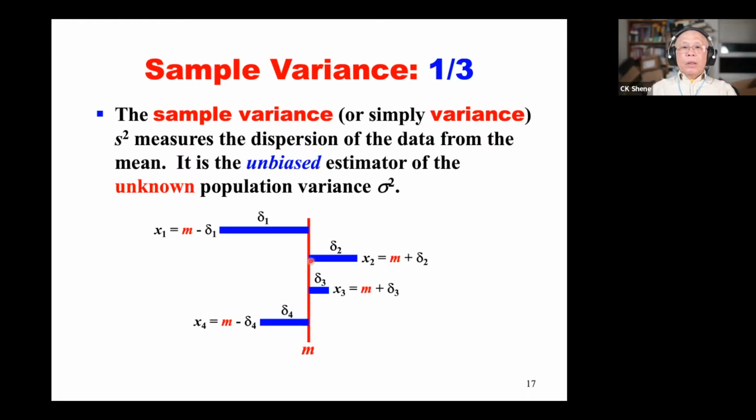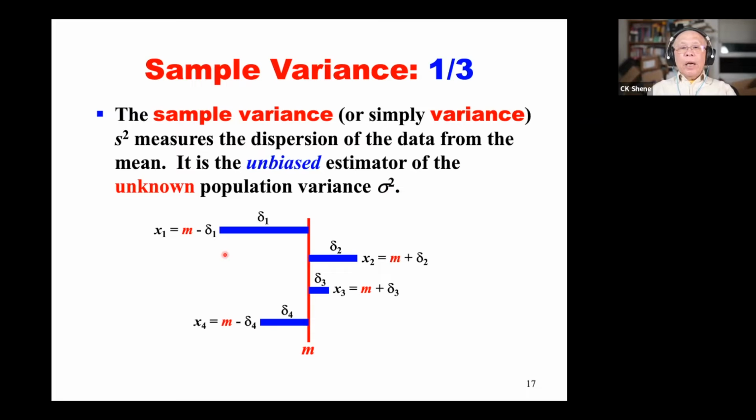Variance. The sample variance, or simply variance, S squared, measures the dispersion of the data from the mean value. It is the unbiased estimator of the unknown population variance sigma squared. Let's say we have the mean value here.